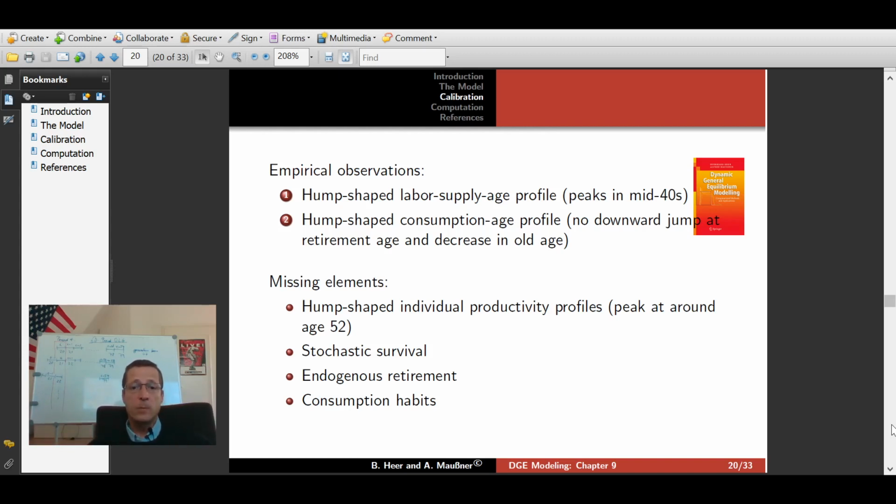We could introduce hump-shaped individual productivity profiles, which peak at age 52 in the United States, stochastic survival, endogenous retirement, or consumption habits. And in my book, Public Economics, the Macroeconomic Perspective, in question problem 6.5, you are asked to introduce some of these elements in the Auerbach-Kotlikoff model and in fact show that they help to overcome the weaknesses, the deficiencies of our Auerbach-Kotlikoff model.